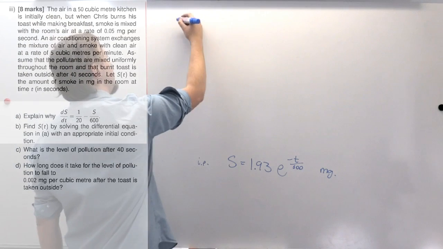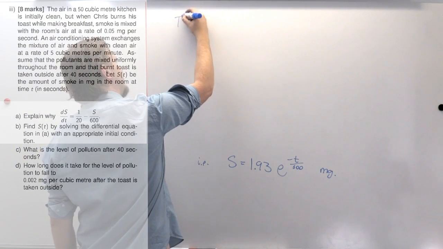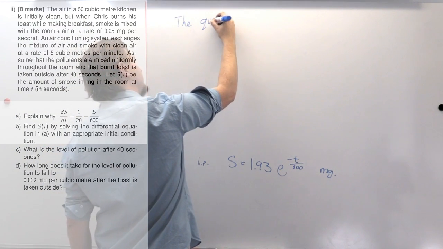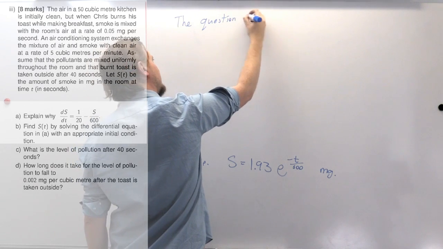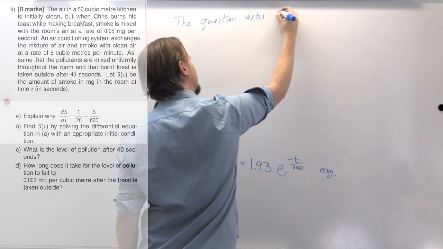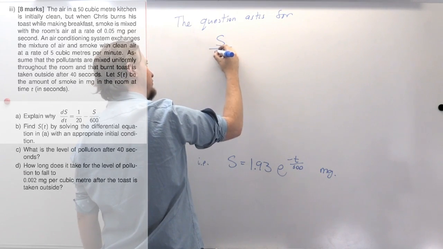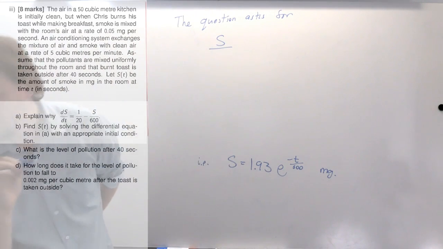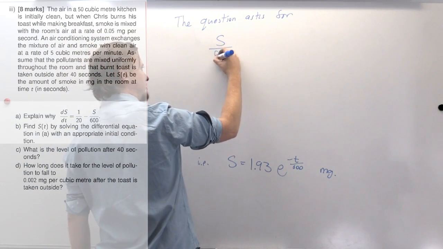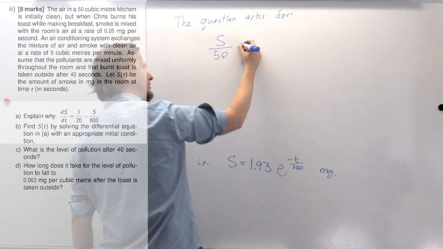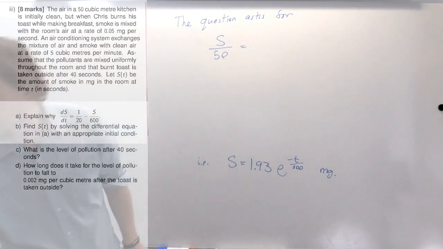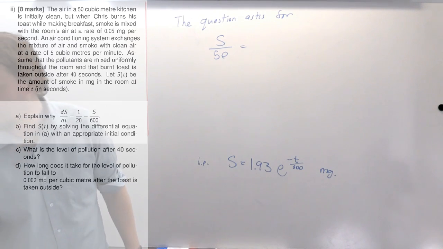So, and the question asks for... Well, it wants the density, which is S over the size of the room, so this is milligrams per cubic meter, to be equal to 0.002.